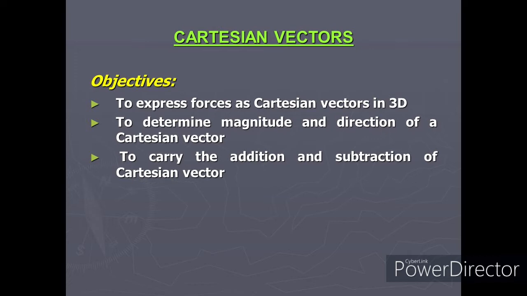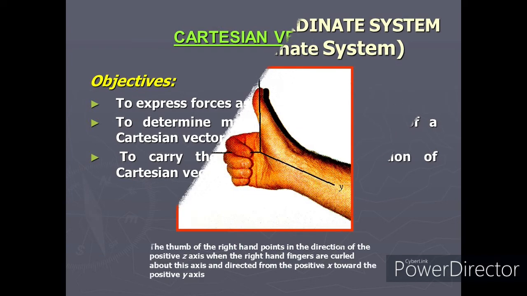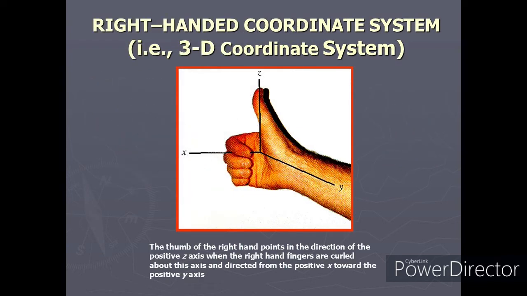So first of all, to define the 3D coordinate system, we use what is called the right-handed coordinate system, which is this: the thumb of the right hand points in the direction of the positive z-axis when the right hand fingers are curled about this axis and directed from the positive x-axis towards the positive y-axis.